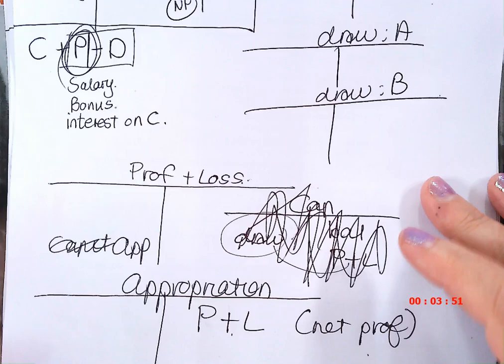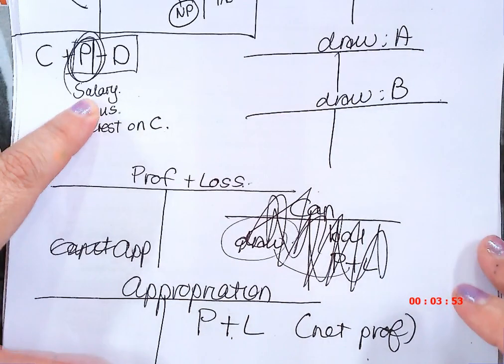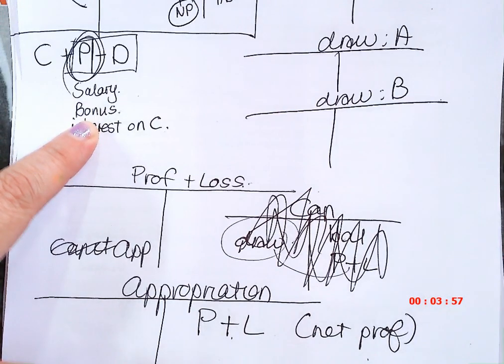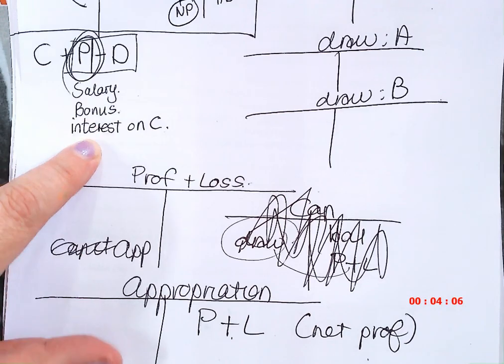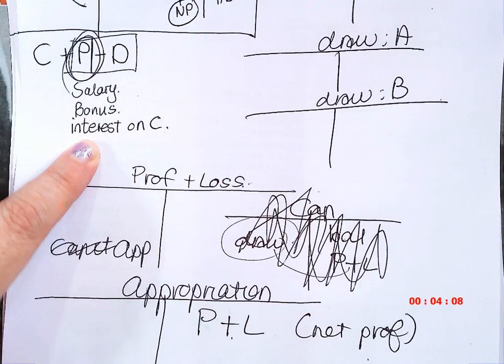We're going to agree about salaries for the partners. We're going to agree about if we're going to get bonuses. And the bonus, you can say it's a birthday bonus, or you can say it's linked to performance. And then we're going to say they're going to earn interest on their capital.